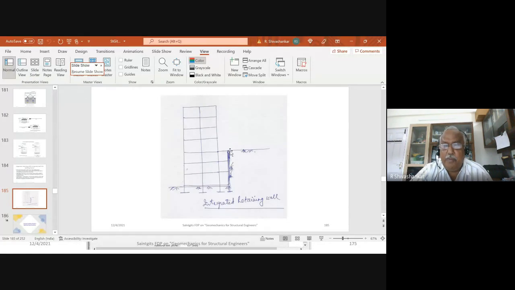Otherwise, if you build a conventional retaining wall, it needs a vertical stem and also a base slab. Base slab means it will need a certain base width. If the height of the wall is 10 meters, the base width has to be at least 50 to 60%. You may not have space. So what you can do is you can integrate the retaining wall with the structure. So the weight of the structure is made use of to resist the lateral forces.